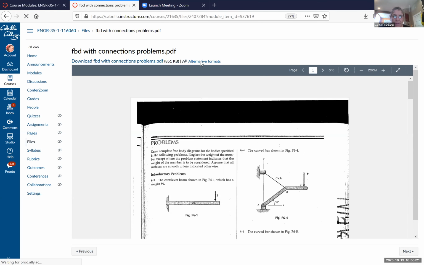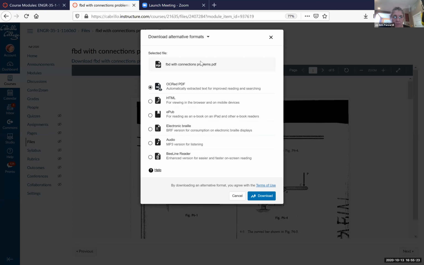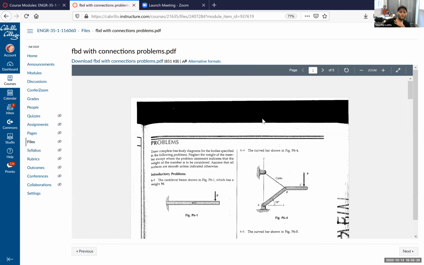Alternate formats. Joanne, it's in PDF already.